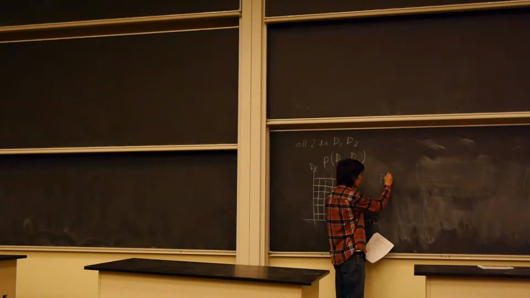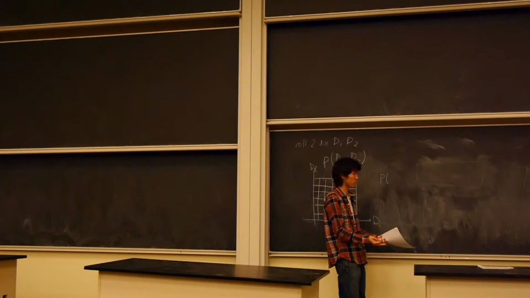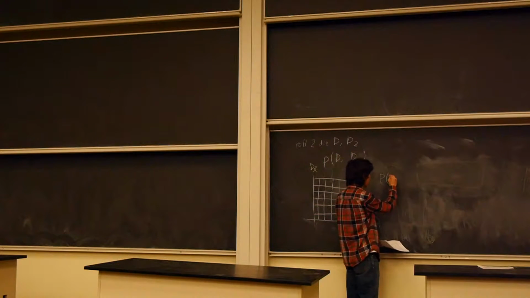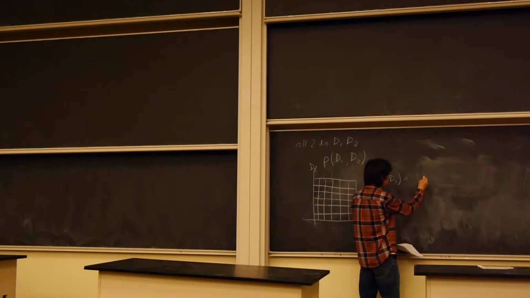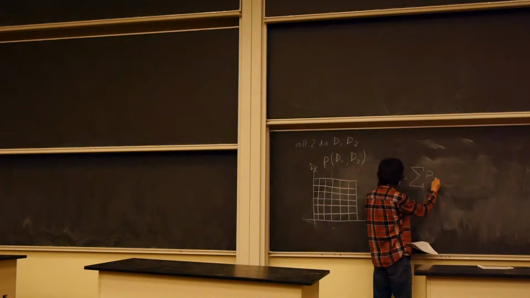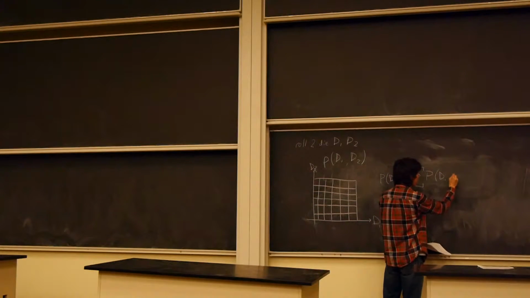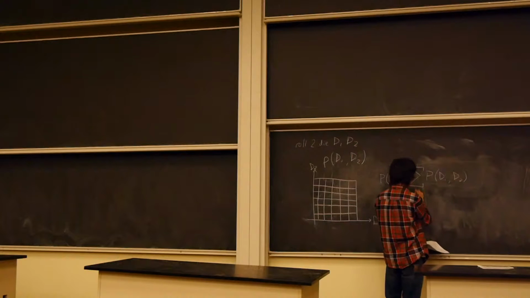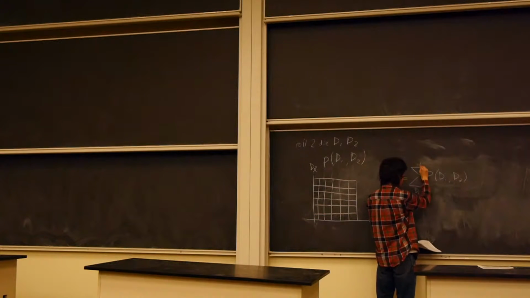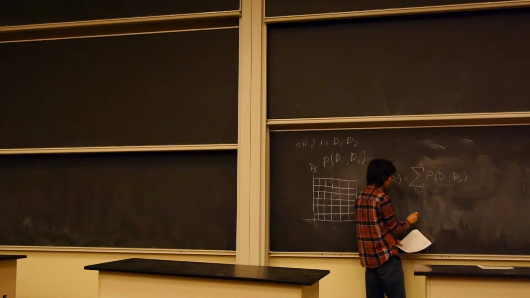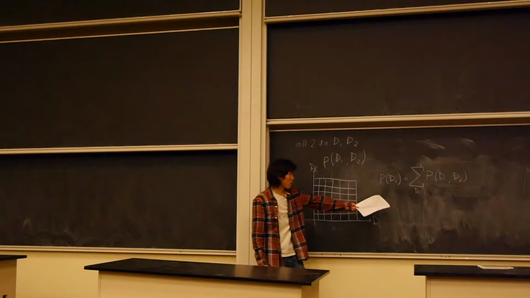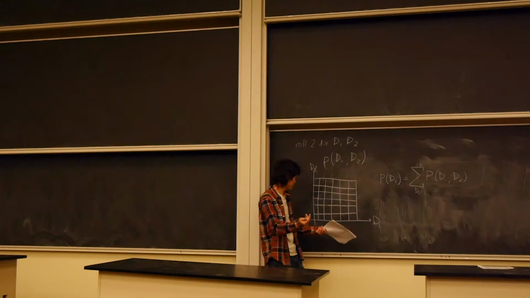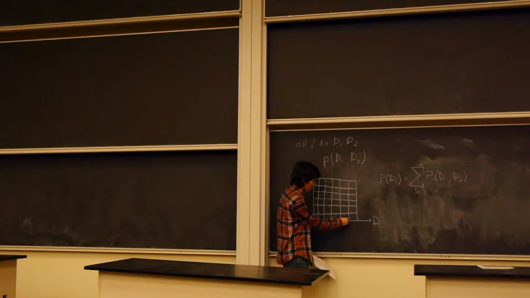If I want to compute the probability of just one of the dice being a certain value, I can sum over the joint. So this is the probability of die 1 being equal to 5, is this space, right?